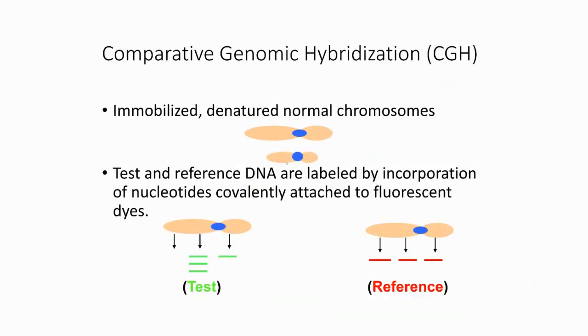And then comparative genomic hybridization, CGH, okay, is an efficient approach to genome-wide screening for chromosomal copy number change, all right? You can use this to determine chromosomal copy number change.